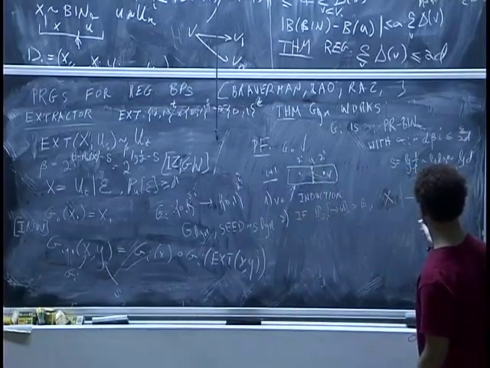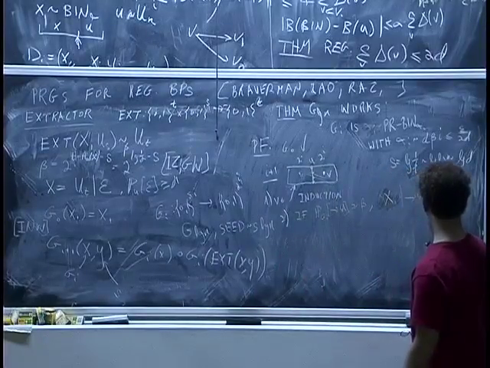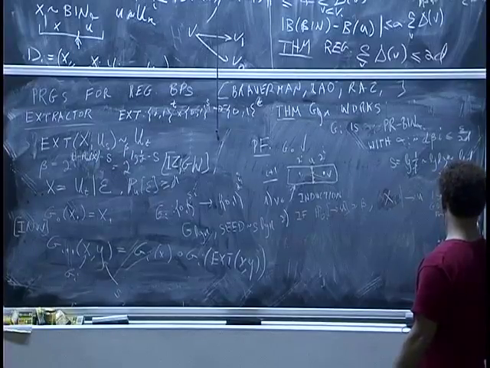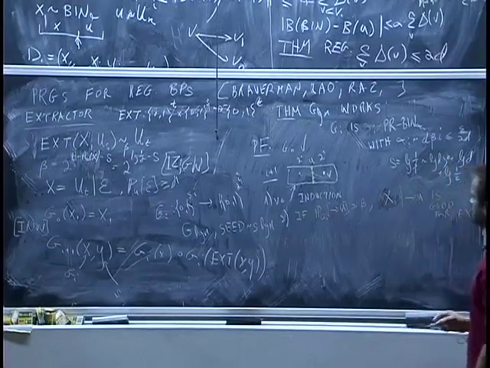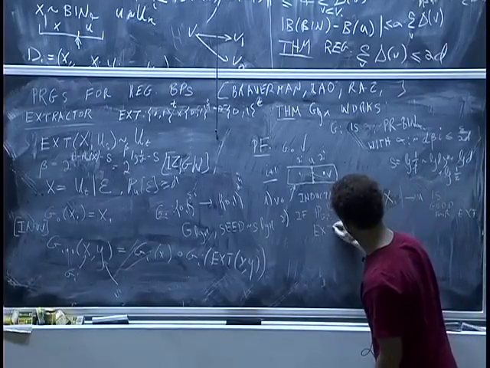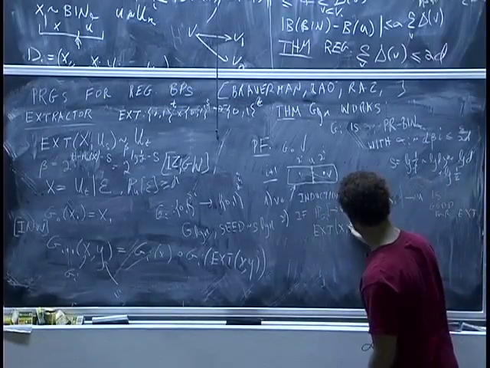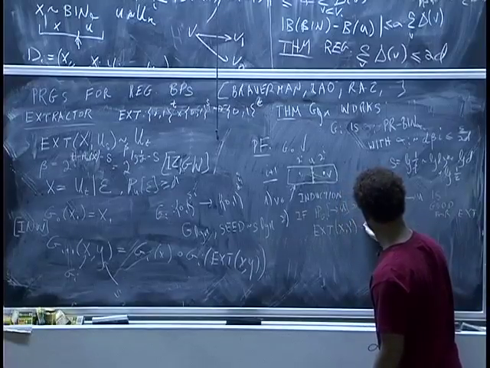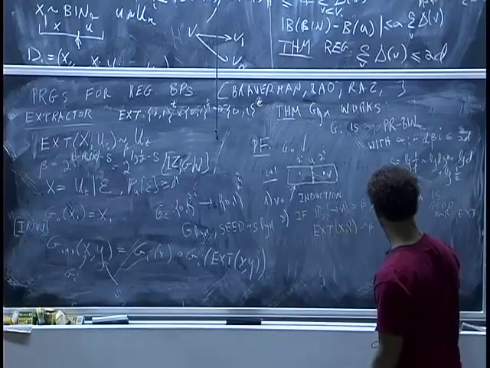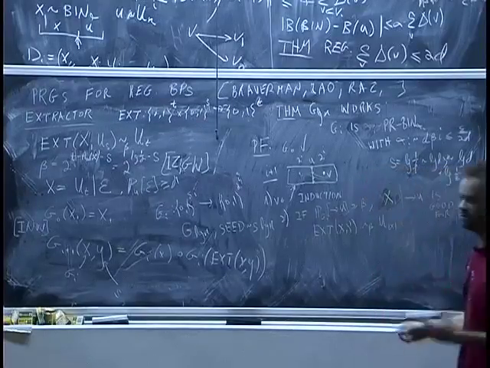So it is good for the extractor. This means that the extractor of x and y is beta close to uniform on the size of x.